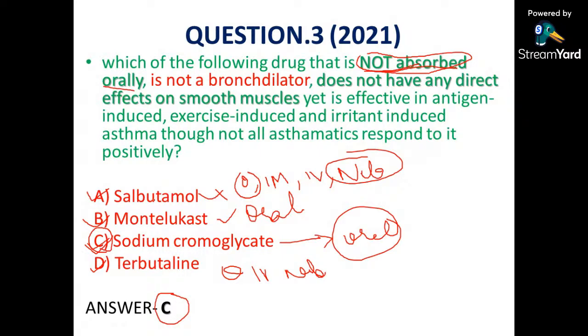Actually, salbutamol and terbutaline both are beta 2 agonists, montelukast is a leukotriene receptor antagonist, and sodium chromoglycate is a mast cell stabilizer. So through that, it will show anti-asthmatic property.